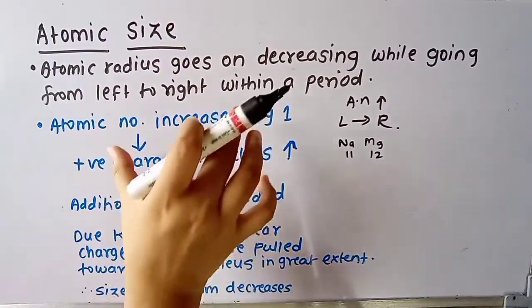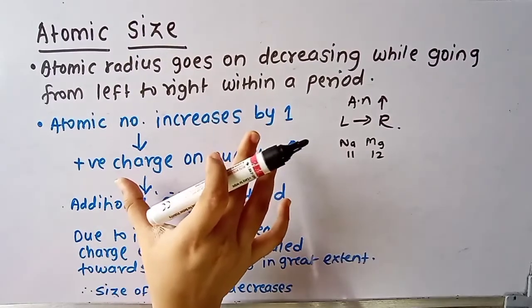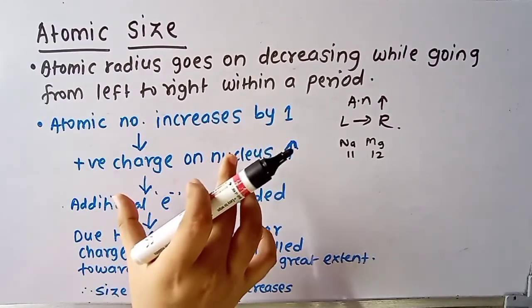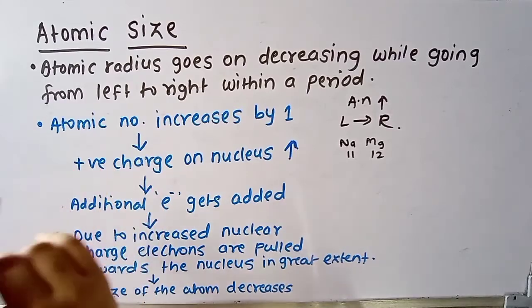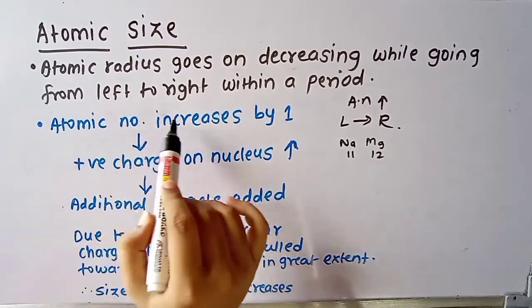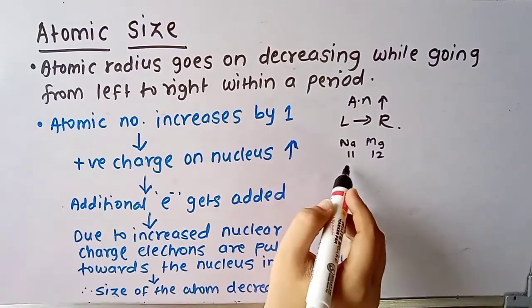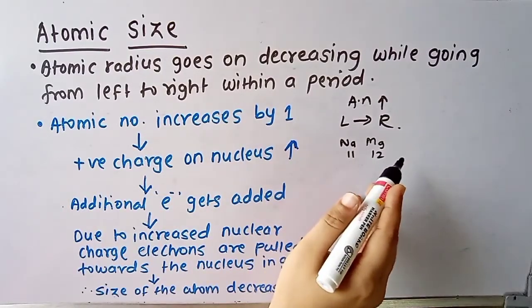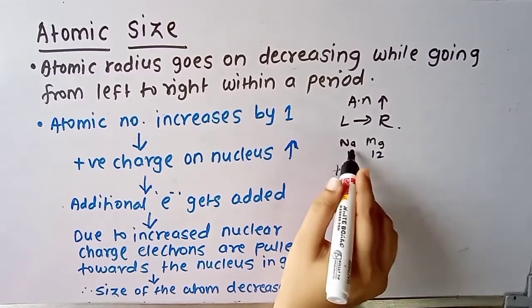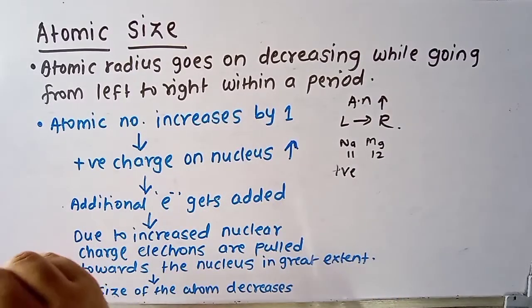I have written it in flowchart format so that you can remember this process easily. What happens? Atomic number increases by 1 within the same period. Atomic number increases means what? Positive charge on the nucleus increases, yes or no?